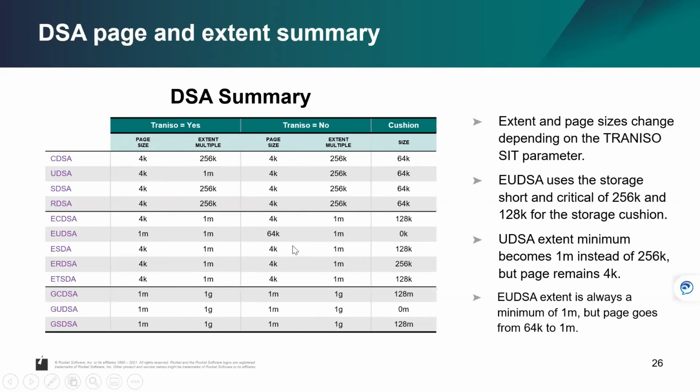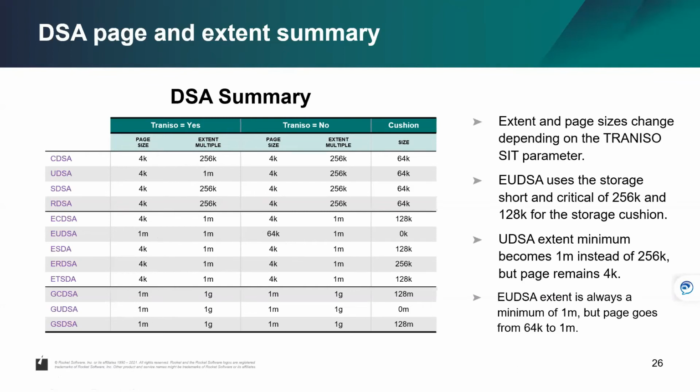The big difference here is in the user DSA. Each user in the user DSA will get a page size of 1 meg over here and a page size of 64K over there, right? So how much storage is given to you is based on whether you have tran ISO turned on or not. So if you have tran ISO turned on, each user gets at least a meg of virtual storage.